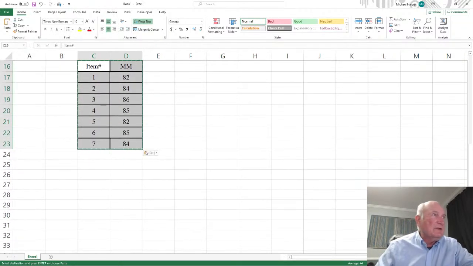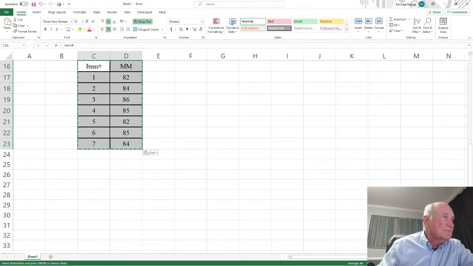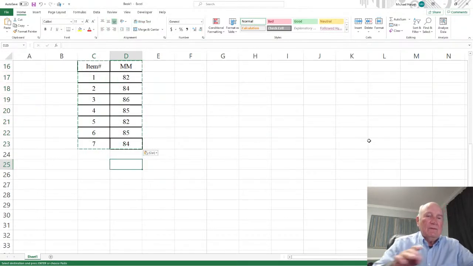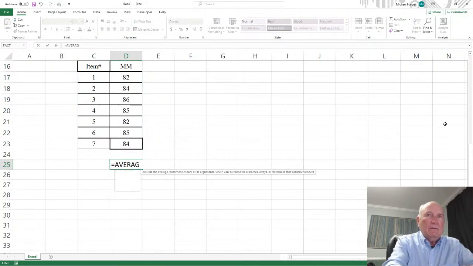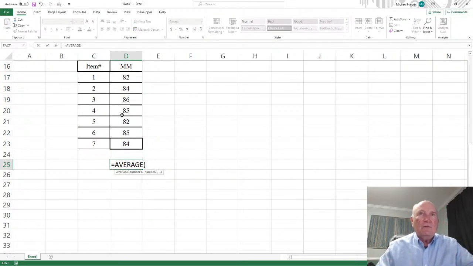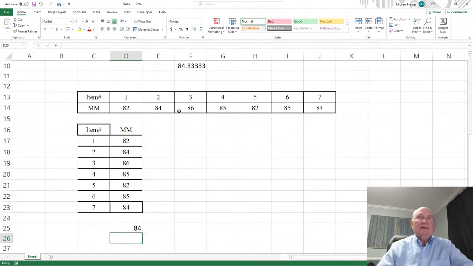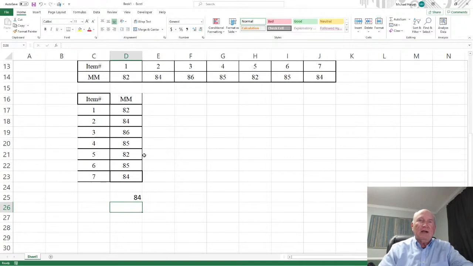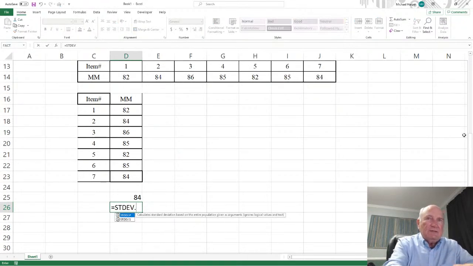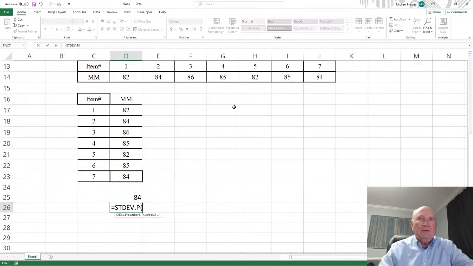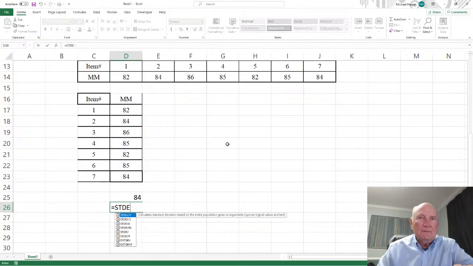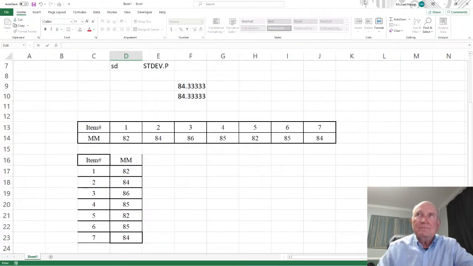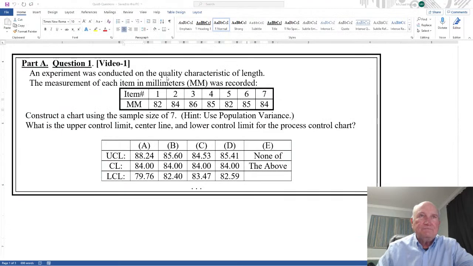And let's see, I think the average is supposed to be 84. It should be 84. There it is. Can't do rows, got to do columns, column vectors. And the same, standard deviation dot p, and now do it. And that's how you do it. Okay? Does that help? That's how you do number one.